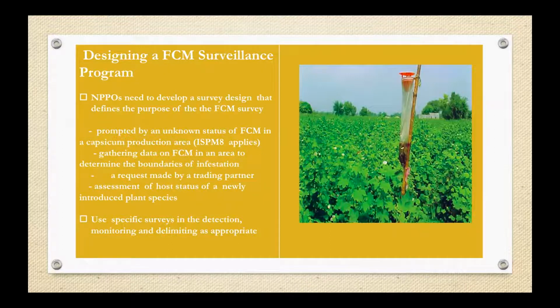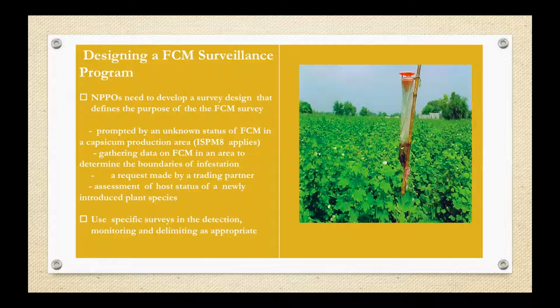It could be cosmopolitan, or present everywhere. It could also depend on the production methods being used, because capsicums can be produced ordinarily in gardens outside or in confinement in screen houses. So you need to establish as an NPPO the status of FCM under whatever production method is being applied. And if the status is known, then you can design the appropriate management measures.